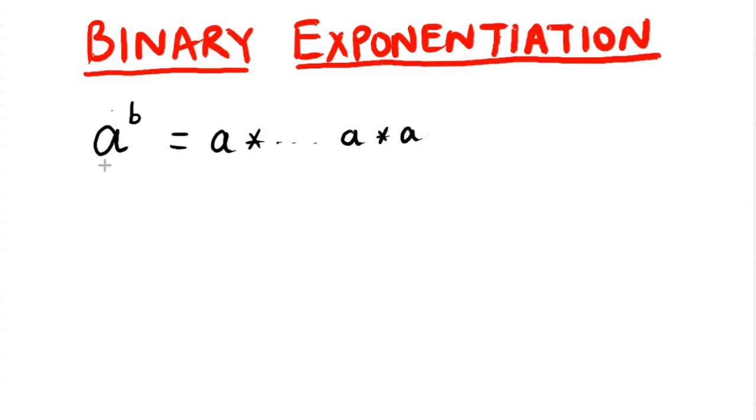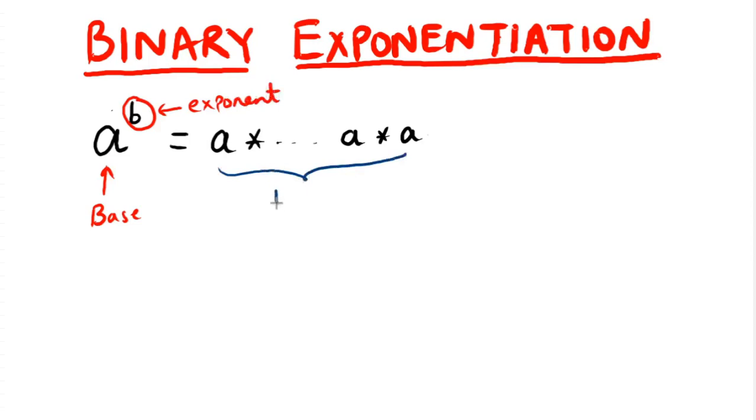Here a is known as the base and b is known as the exponent. This is done b times. Now the process of exponentiation is clear.